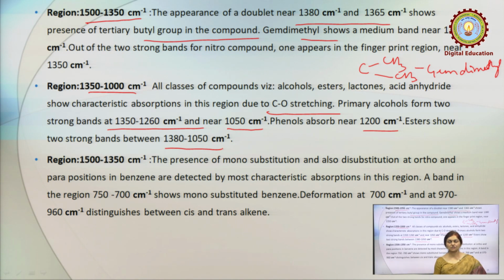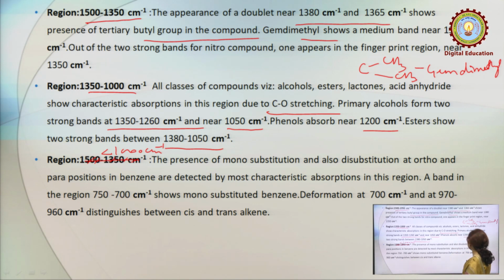Now, the third region is below 1000 cm⁻¹. Monosubstitution and also disubstitution at ortho and para positions in benzene are detected by characteristic absorption in this region.